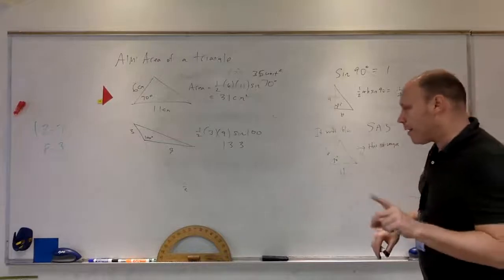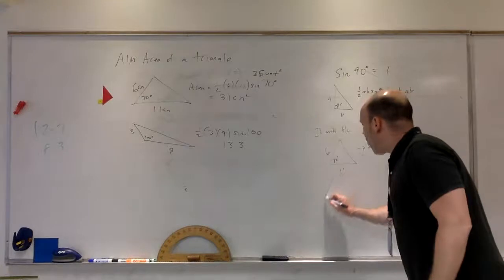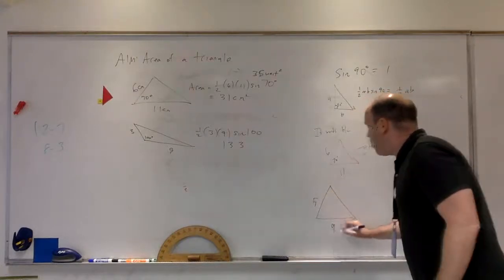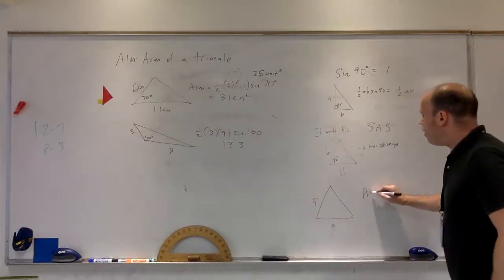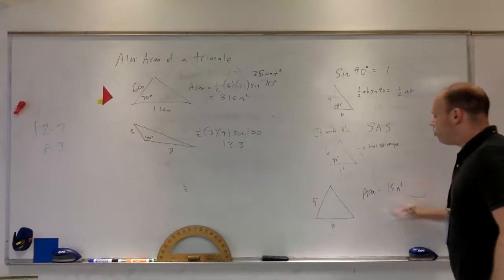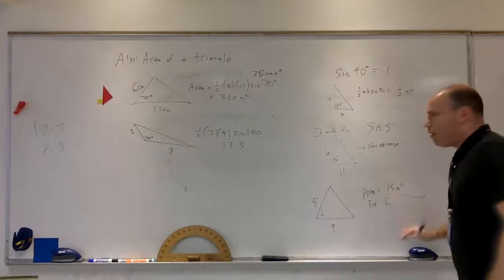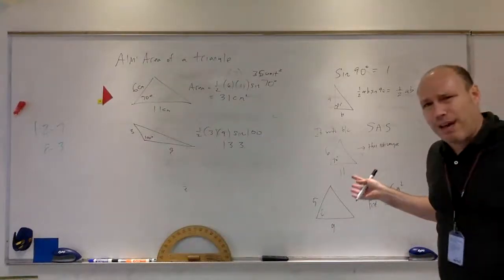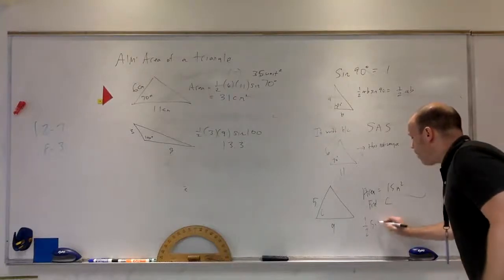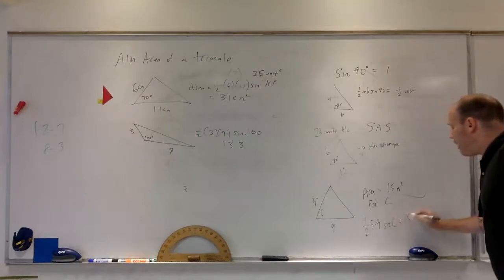Another thing I'll maybe talk about a little later is this question. Here's a triangle, and the sides are 5 and 9, and I'm telling you that the area is 15 meters squared. Find C. And so you might say to Mr. Adler, no big deal. I know the formula, so it's 1/2 times 5 times 9 times sine of C equals 15.